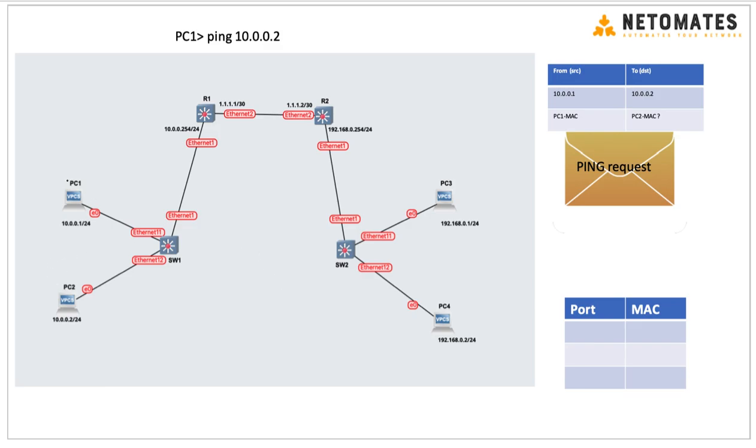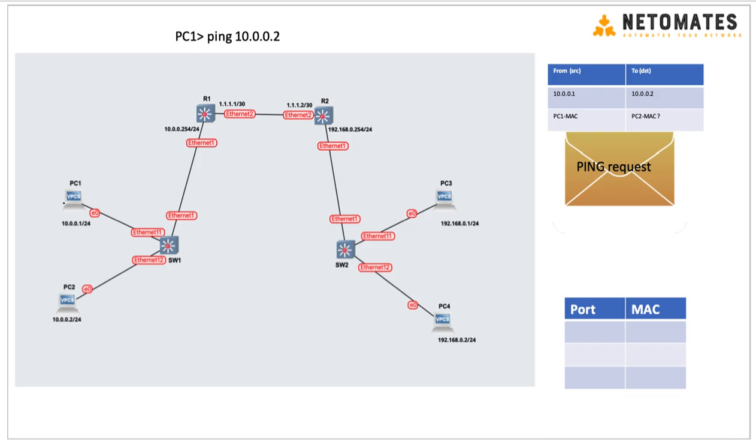To connect these PCs, we have switch 1, which will establish the connectivity between PC1 and PC2. We have R1 and R2 in between, so they can do the routing between this 10 network and the 192.168 network, so that we are able to communicate between all four PCs.